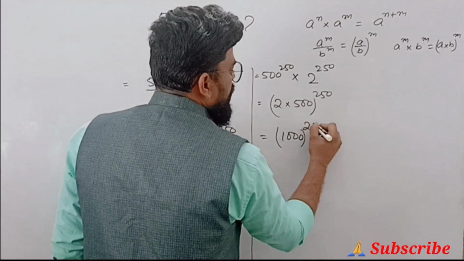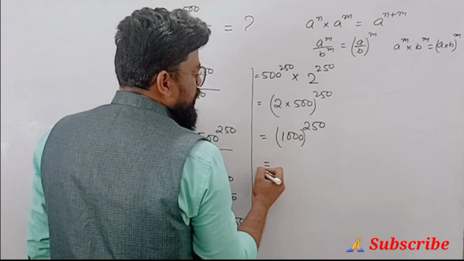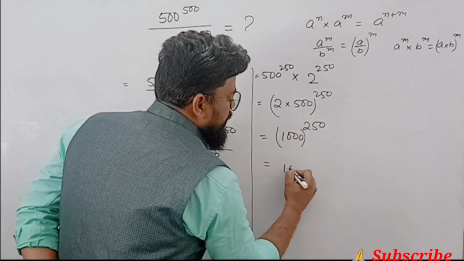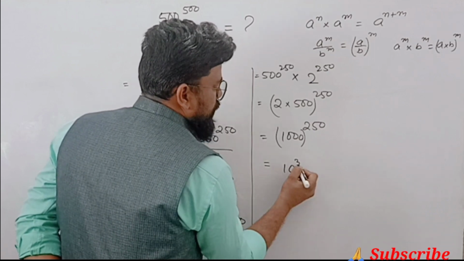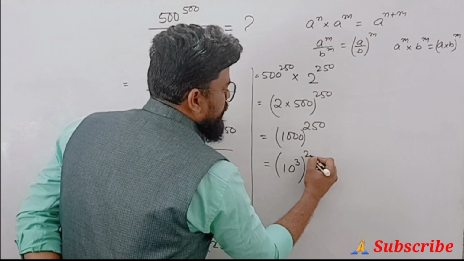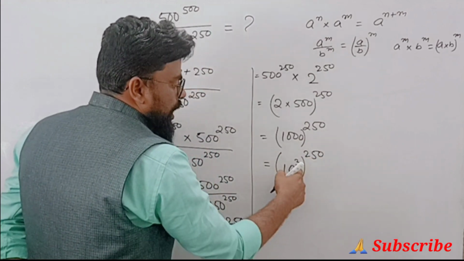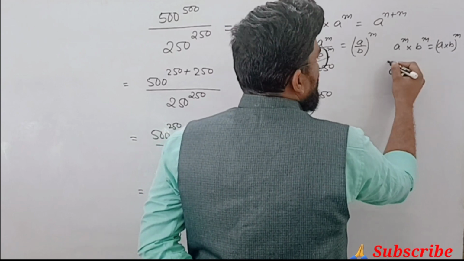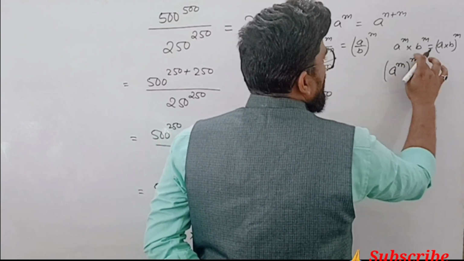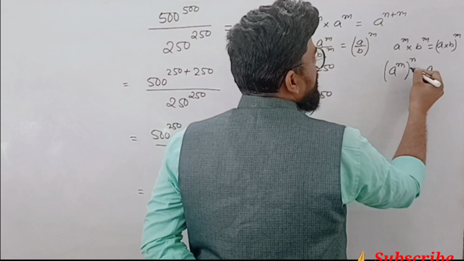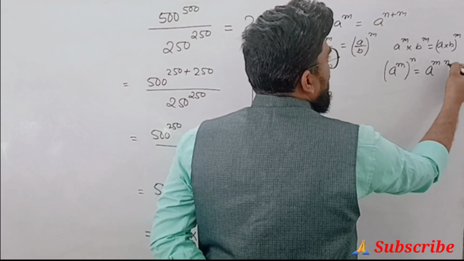Now again, 1000 can be written as 10 to the power 3. We know that 10 to the power 3 is 1000, so it is 10 to the power 3 whole to the power 250. Power to the power: a to the power m whole to the power n, the powers will multiply, so it becomes a to the power m into n.